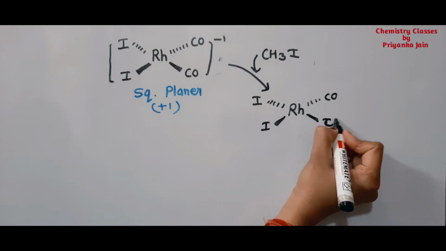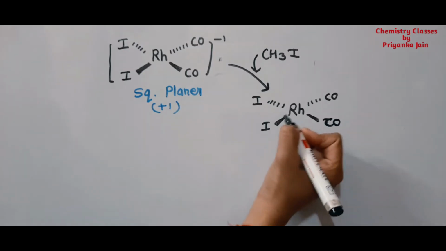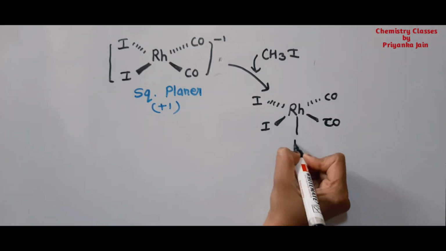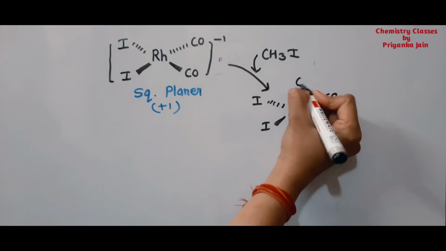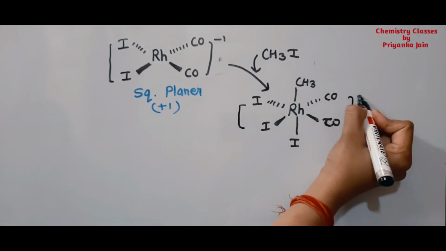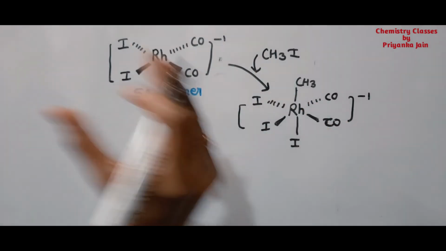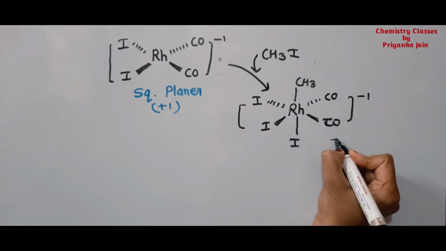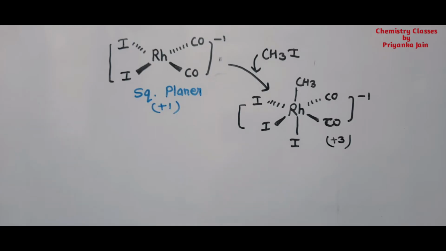These are as they are. This is the CO group. Here this is the I group and this is the CH3 group. So now it is 6 coordinated and here the rhodium is in the +3 oxidation state.